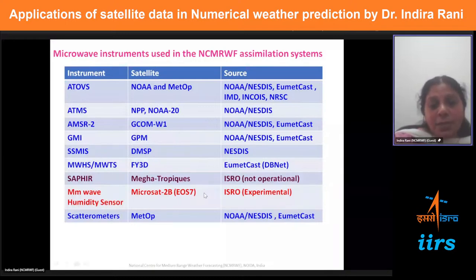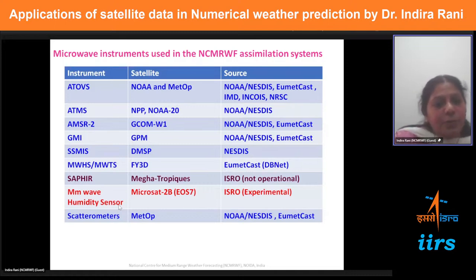And right now, ISRO has launched one new satellite on an experimental basis, that is the Microsat-2B, EOS-07, which carries a millimeter wave humidity sounder. This is a follow-up mission of SAPHIR on Megha-Tropiques, and it has channels similar to SAPHIR also. I will show some slides on those results also.